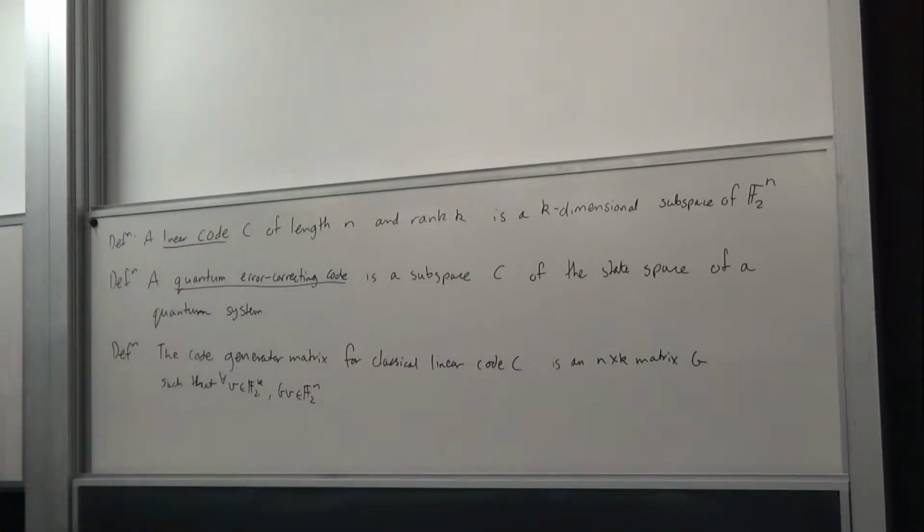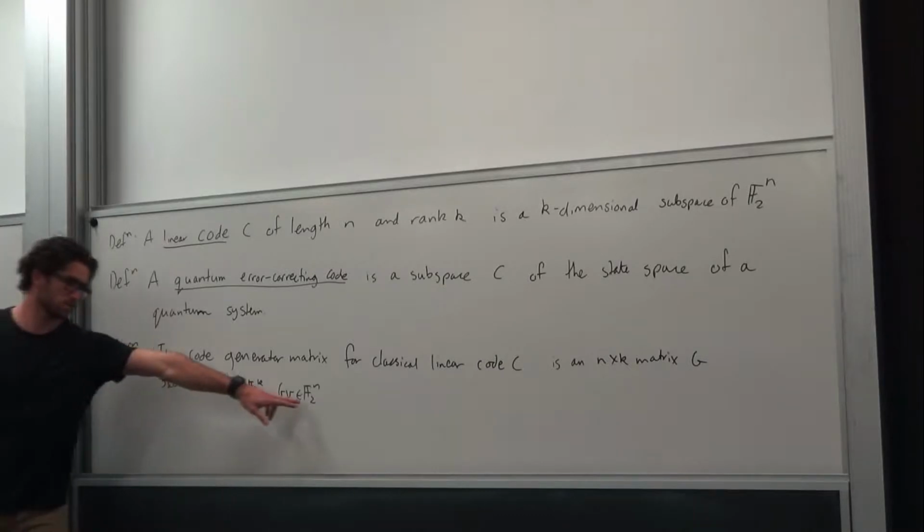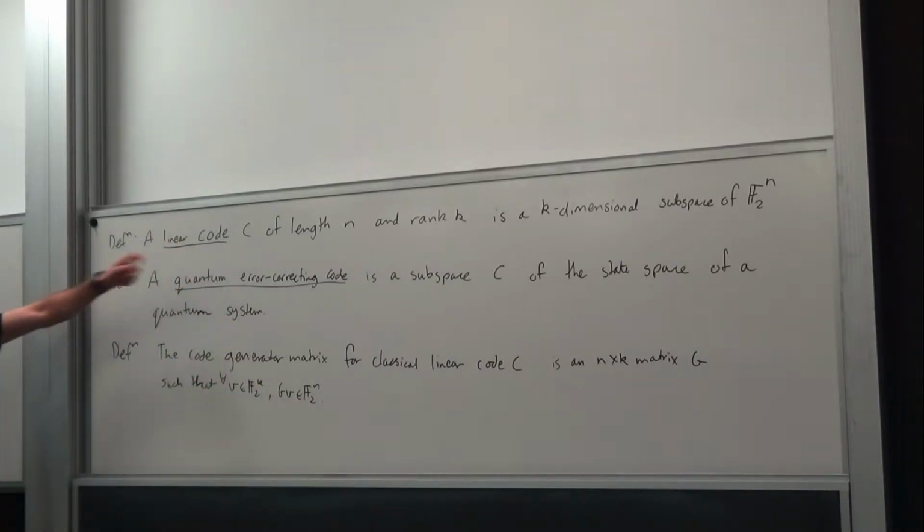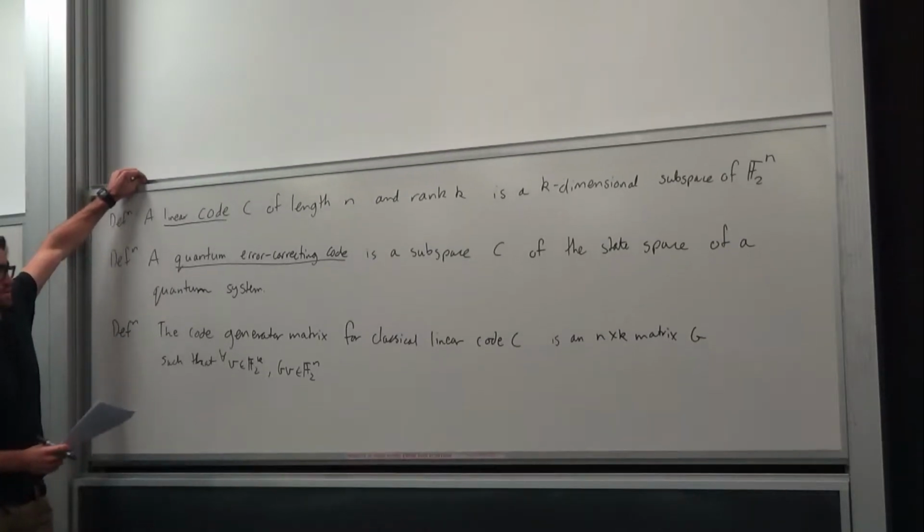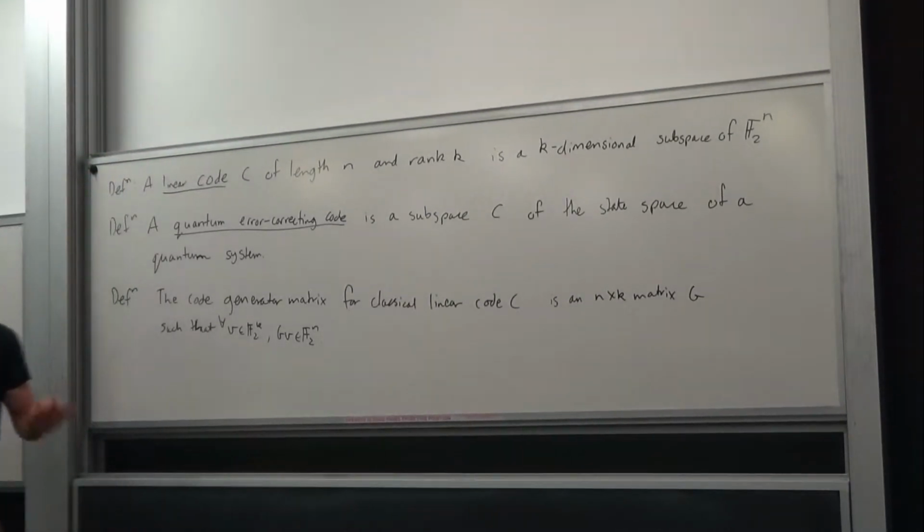So the code generator matrix for the classical linear code C is an n by k matrix G that encodes these unencoded code words into the code words in that linear code there. So the quantum error correcting code equivalent is just a quantum circuit. So I'm not going to write that down as a definition, but we have a notion of an encoding circuit that we'll see some examples of later on. So again, we have that similarity between the two, the classical and the quantum versions.